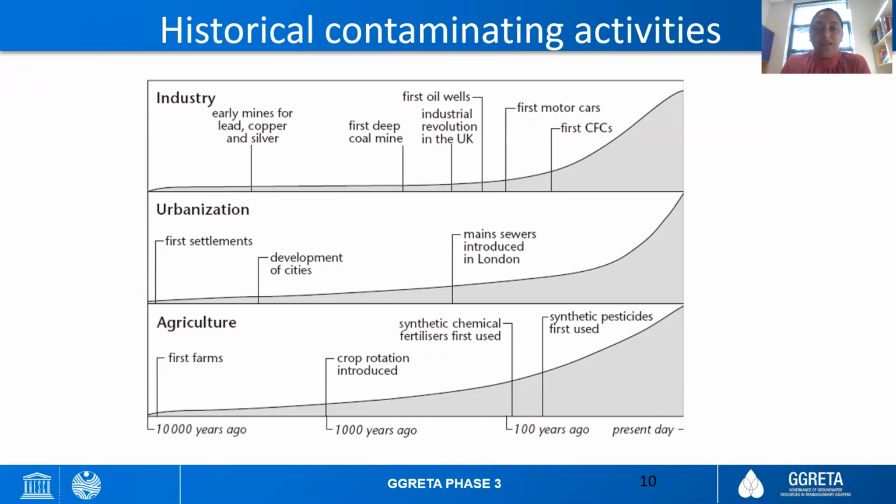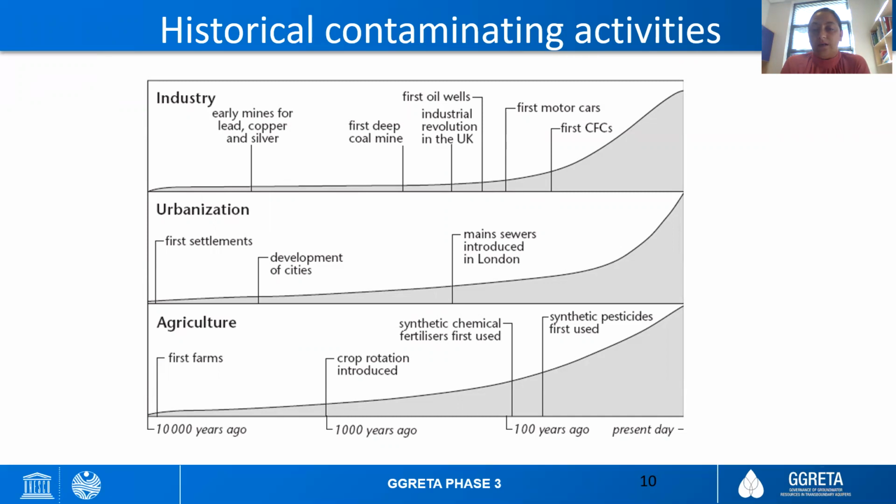As you can see, if we look at industry, for example, we talk about the early mines of lead, copper, and silver started more than 1,000 years ago. And if you follow the industry section, you'd find that chlorofluorocarbons only came into our atmosphere or into existence in the last 100 years or so.